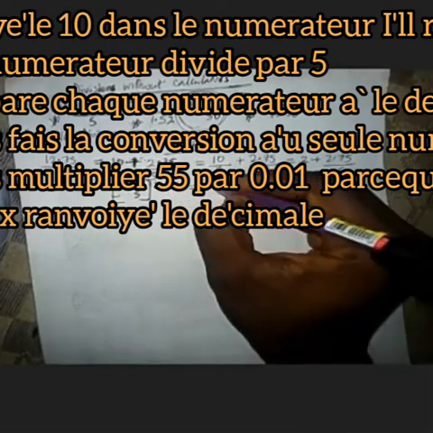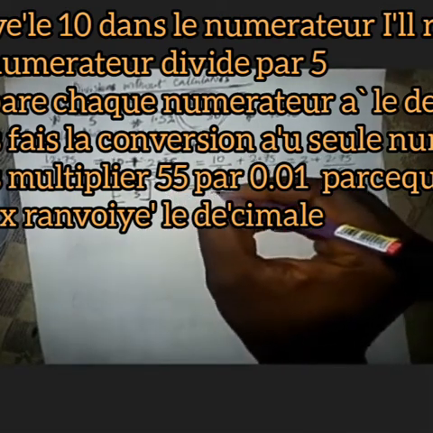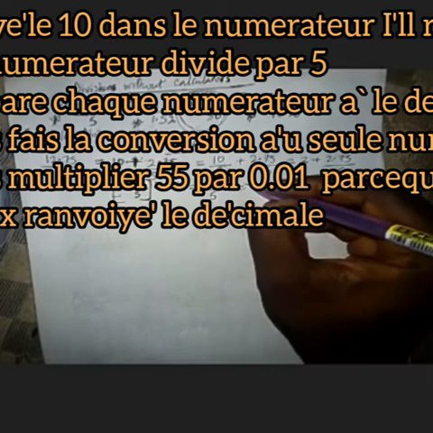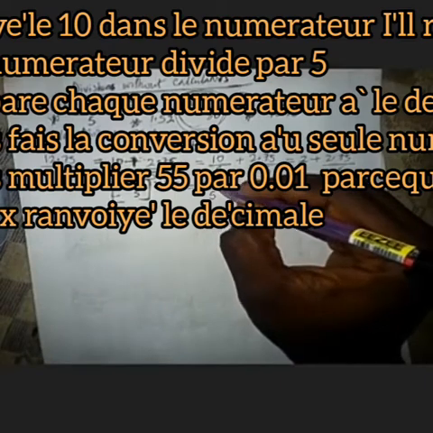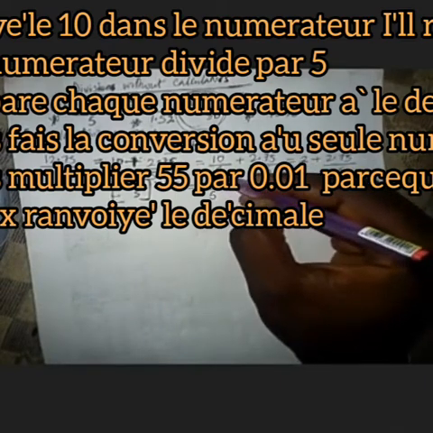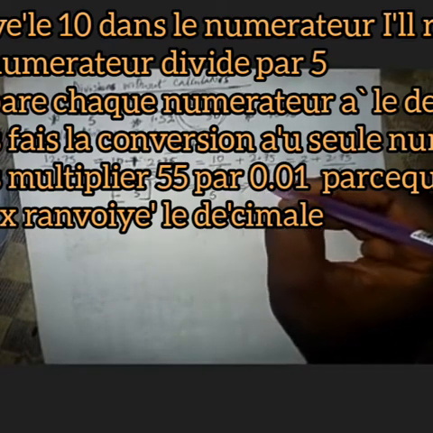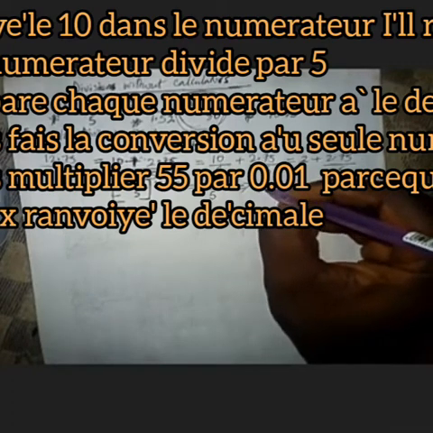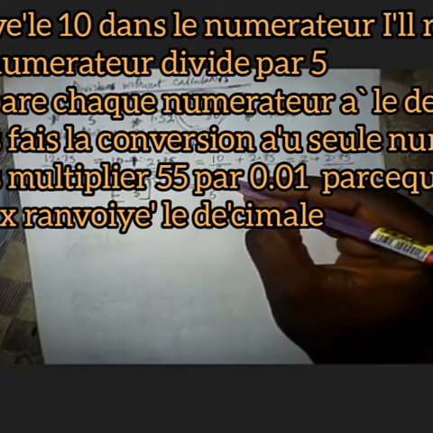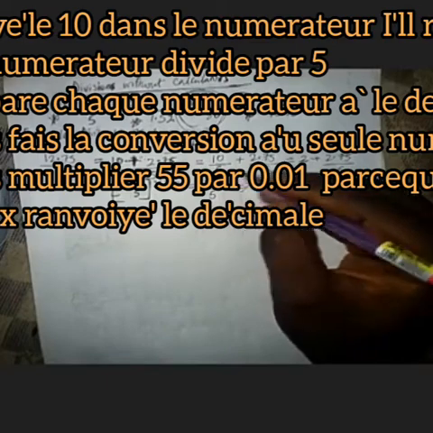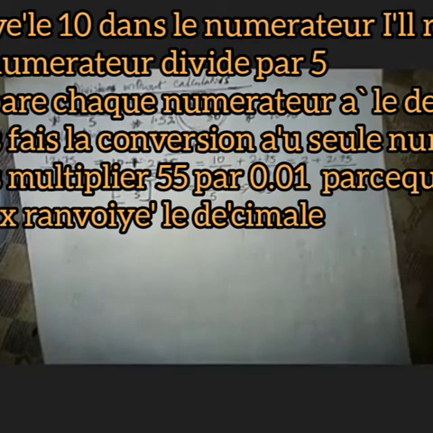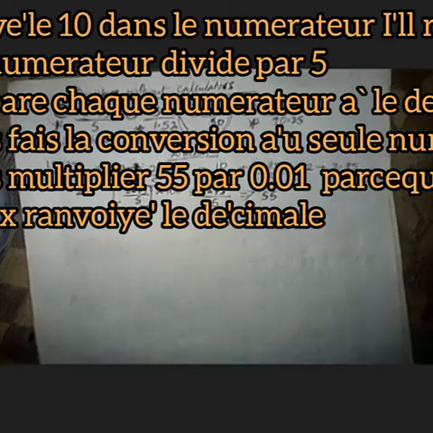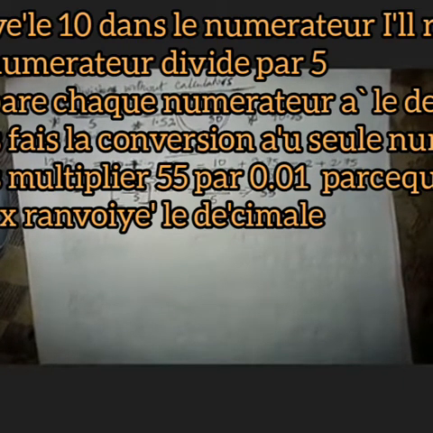So we have 275 over 5. 27 divided by 5 is 5, remainder 2. Put 2 here, that's 25, divided by 5 is 5.